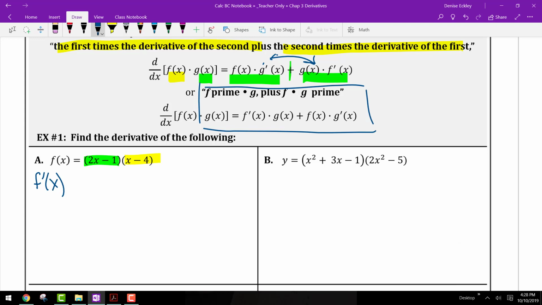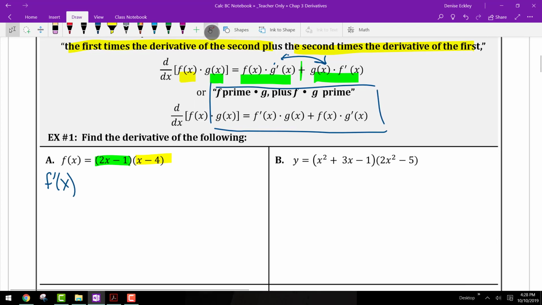So I'm going to do f prime, which is 2, times g, which is x minus 4, plus f, which is 2x minus 1, times the derivative of g, which is 1.